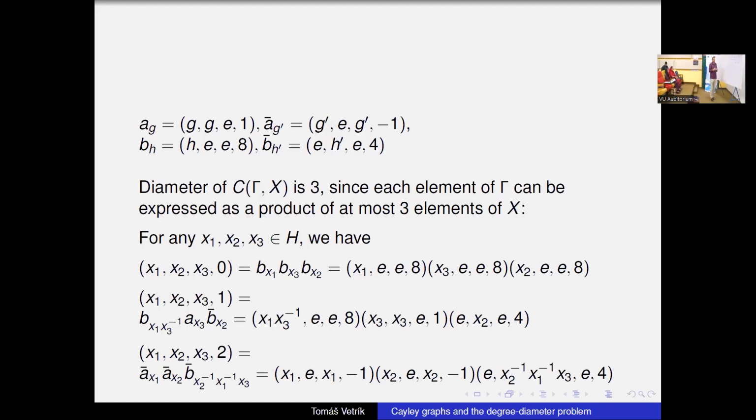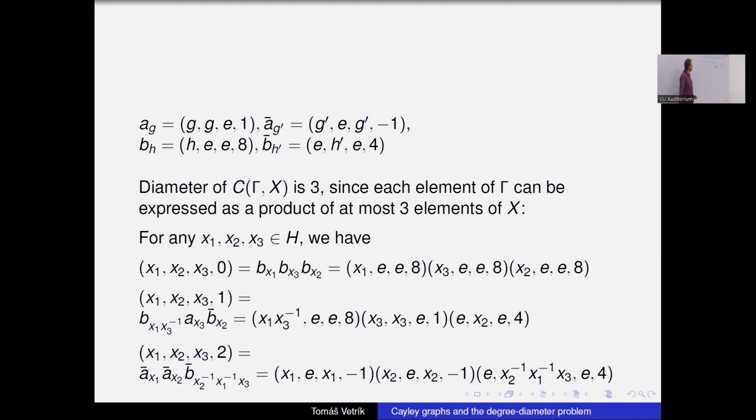Okay, and now we want to know what is the diameter of this graph. Well, do you have some guess? 3, because from this vertex, how many vertices are the furthest from this vertex? What is the distance between this one and this one? 3.